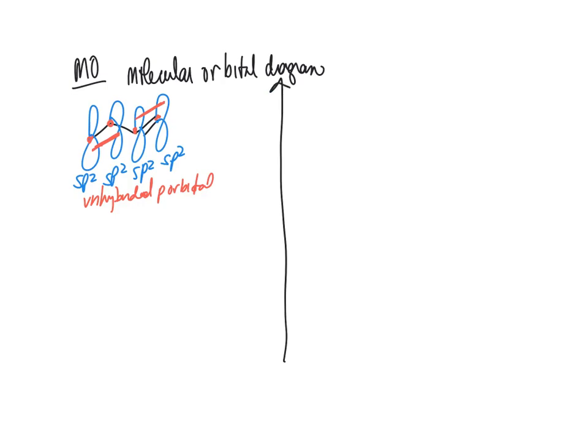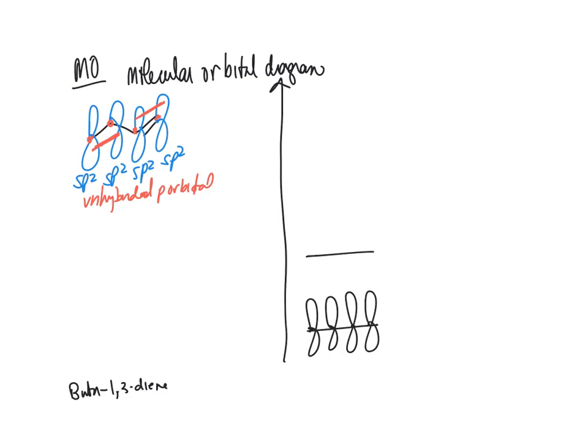So if you're going to do a molecular orbital diagram of butadiene, this is buta-1,3-diene, then you start with this energy here, and a lot of times you just draw a line here, and you draw your 4 unhybridized orbitals here. Now, how many carbons do you have? You have 4.